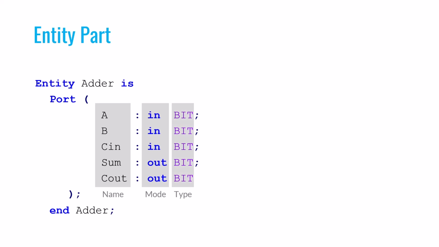In this example, I've used the bit type. A port with the bit type can take a value of either 0 or 1. Note that I've included this bit type here for demonstration, but in practice, we don't use it because it's not synthesizable. Instead, we typically use the STD_LOGIC type for single bit ports as it's more suitable for synthesis.